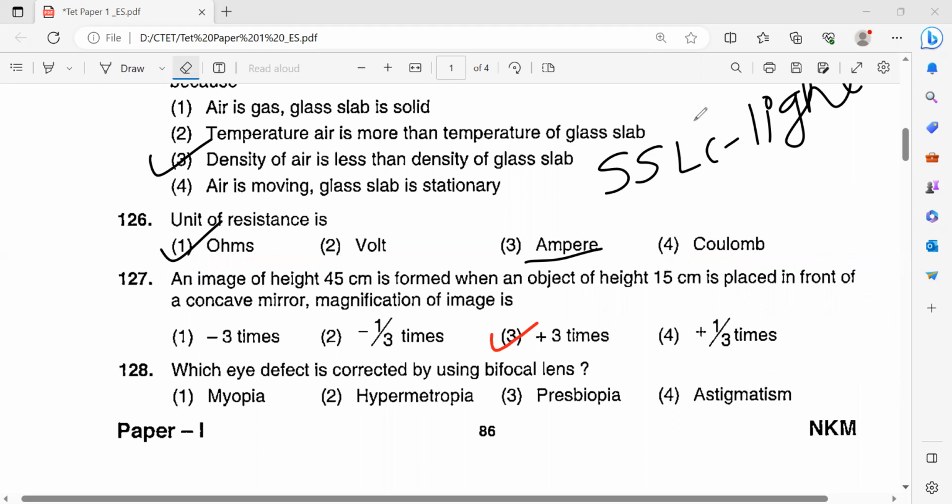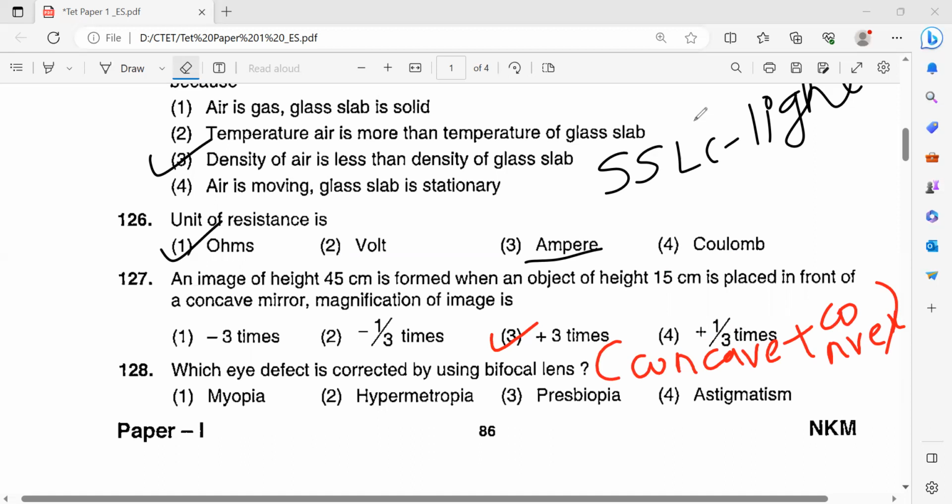Which eye defect is corrected by using bifocal lens? Bifocal lens means they will be using concave plus convex lens. This type of lens is used for people who have a problem seeing objects which are far from them and objects which are nearer to them.